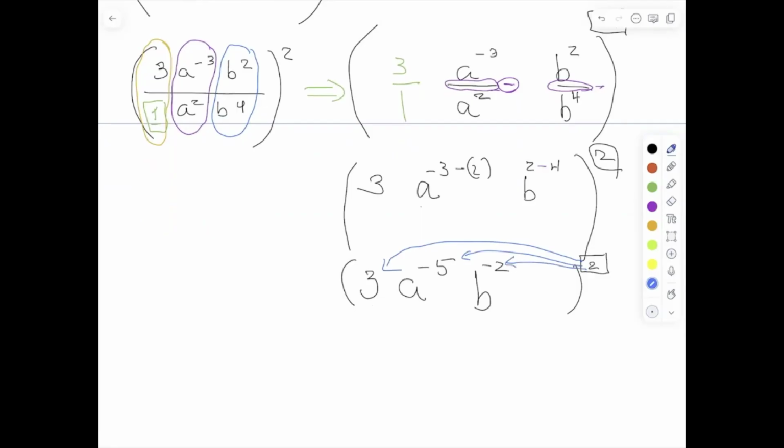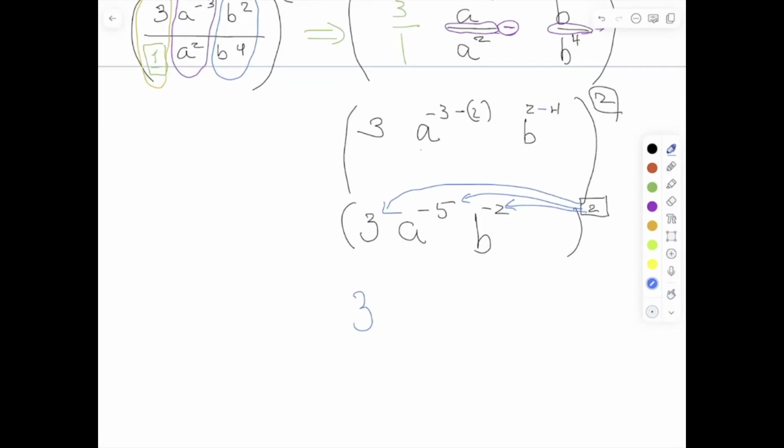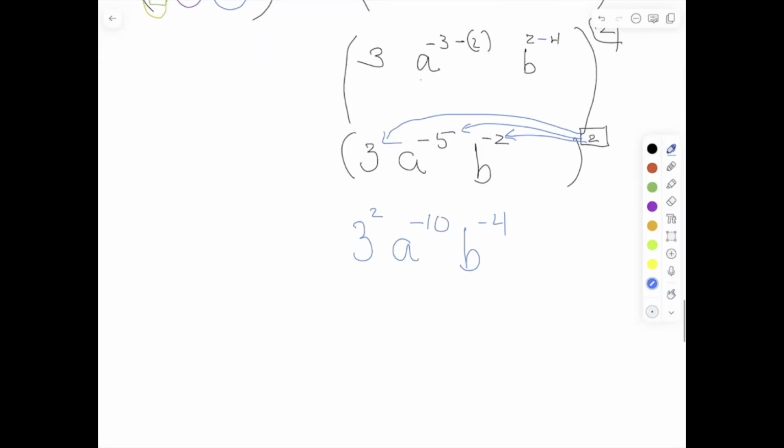So what do you think my answer is going to be? Well, this is going to be 3 squared, A to the negative 10. Negative 5 and 2, when I multiply, is 10, but it's negative. And B to the negative 4. Is that my final answer? No. This is going to become 9.